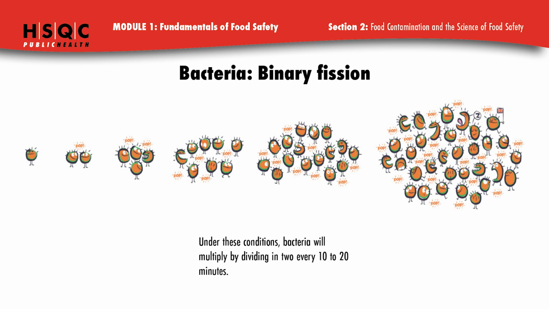Bacteria binary fission: under these conditions, bacteria will multiply by dividing into 2 every 10 to 20 minutes. After 6 hours, one bacterium can multiply into 262,144 bacteria, more than enough to cause food poisoning.